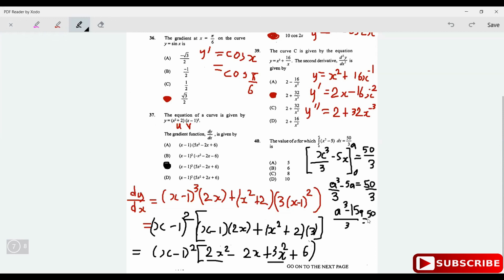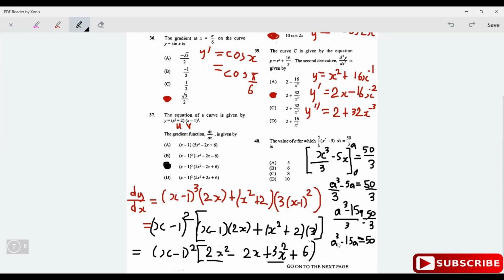Now, when you have a fraction where the denominators are equal, we can throw away the denominator. So what we end up solving is a cubed minus 15a is equal to 50.